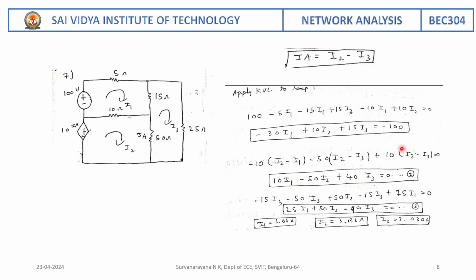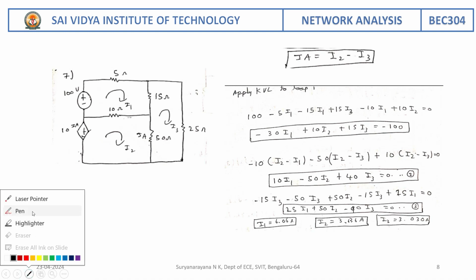IA is I2 minus I3, that is equal to 0. Simplify and you will get this equation. For the third mesh, write minus 15 (I3 minus I1), minus 25 I3, minus 50 (I3 minus I2), that is equal to 0. Simplify this and use Cramer's rule in order to solve.